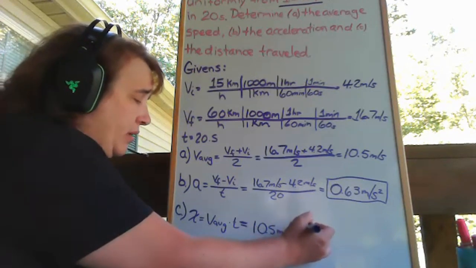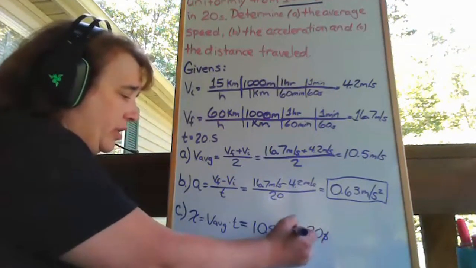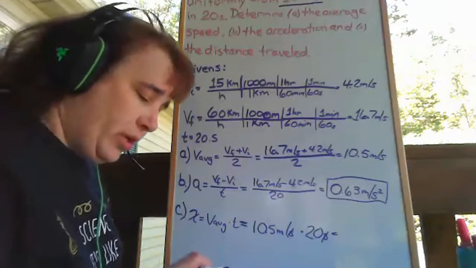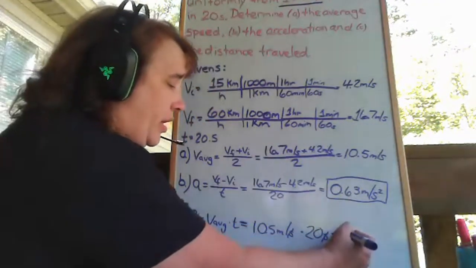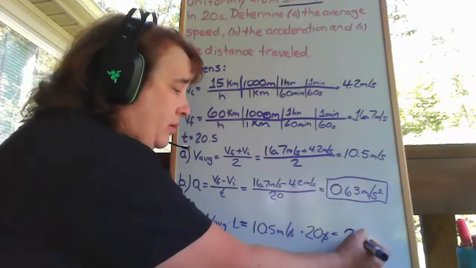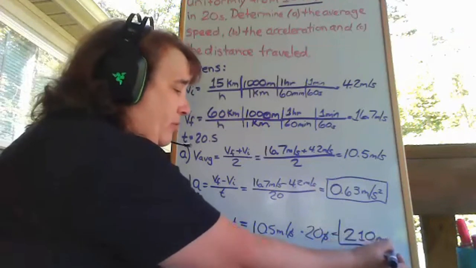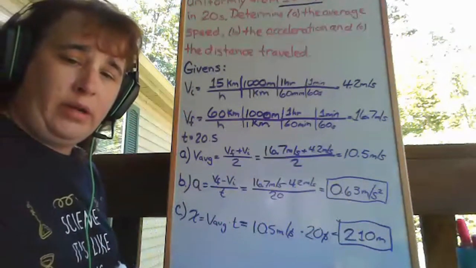My time is 20 seconds. You notice that seconds cancel out. So 10.5 times 20 gives me 210 meters. So that is the distance traveled. All right, hope this helps.